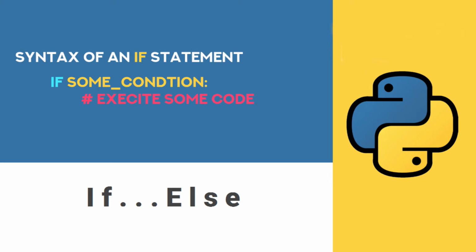So now let's explore the syntax of the if condition. Suppose I want to write an if statement. I will write the if keyword, which is a reserved word in Python, and after that I will write the condition. Do notice that we don't need any type of parenthesis in order to write the condition, not like other languages in which the parenthesis is a must.